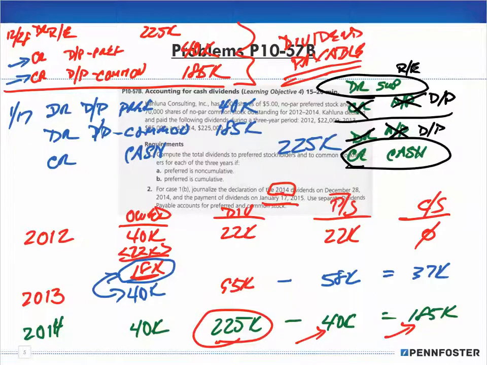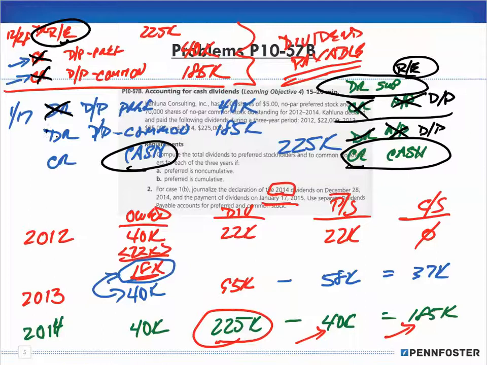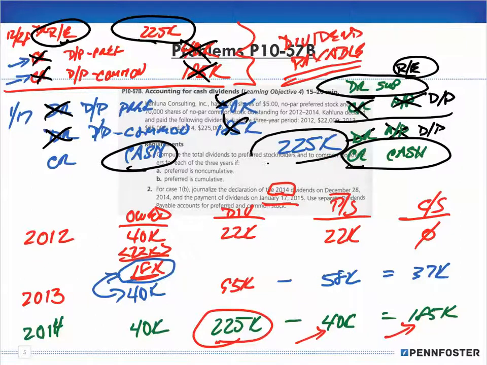Well, if our supplies is like the retained earnings, which is what we have here, and we have our cash here, this credit for the dividend payable wash each other out, right? $40,000 credit, $40,000 debit, gone. 185,000 credit, 185,000 debit, gone. So what are we left with? A debit to retained earnings and a credit to cash. It's just as if we took it right out of retained earnings and we paid cash, just the same as if we bought something for supplies using cash.